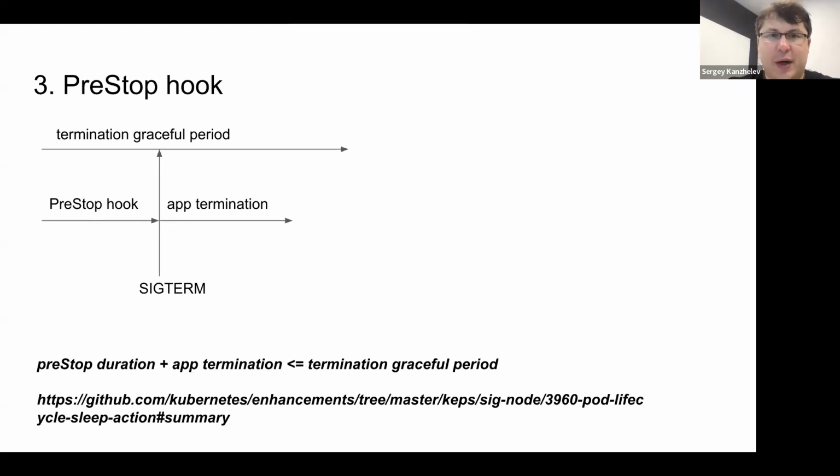The alternative is to implement some other means, like maybe instead of pre-stop, have a new lifecycle hook for sidecars, or introduce some new signal for sidecars, or maybe send two SIGTERMs.